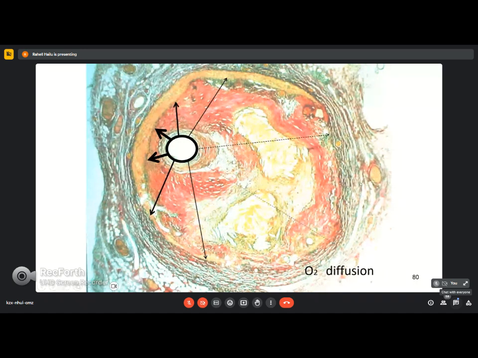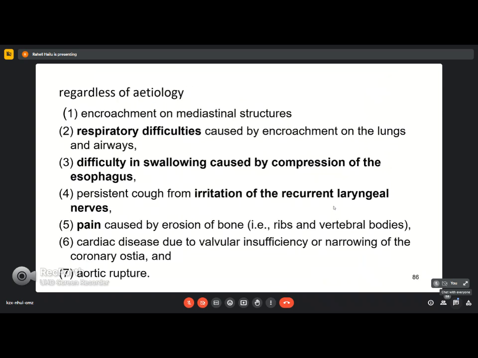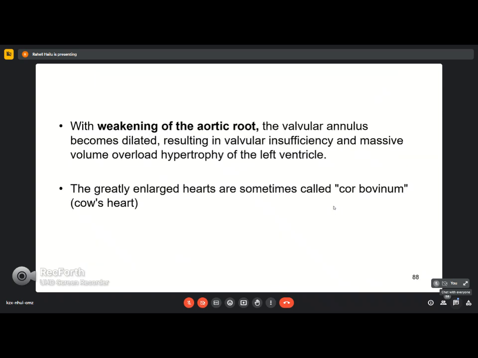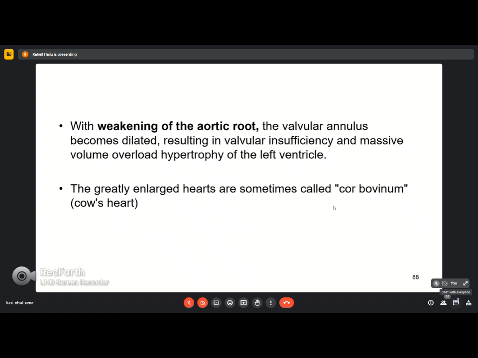okay, the obliteration of the vessels. So if the vessels are obliterated, then the area that is supplied by them will be weakened and then result in aneurysms, leading to aneurysmal dilatation of the aorta and the aortic annulus.